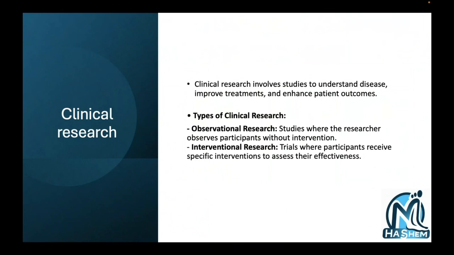Clinical research could be observational, so you just look at what people are doing, retrospective or prospective, to see how the practice is. So basically, I'm looking into all the patients who had lung cancer to understand the relation between smoking and lung cancer. I look into all the patients who had lung cancer and check which of them are smokers.